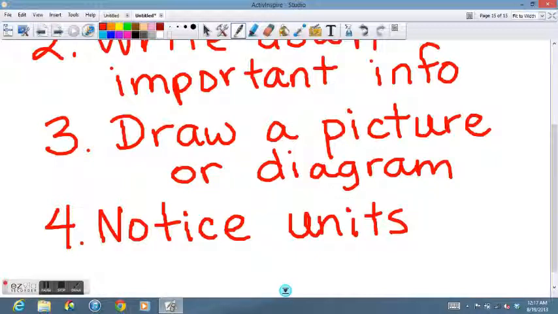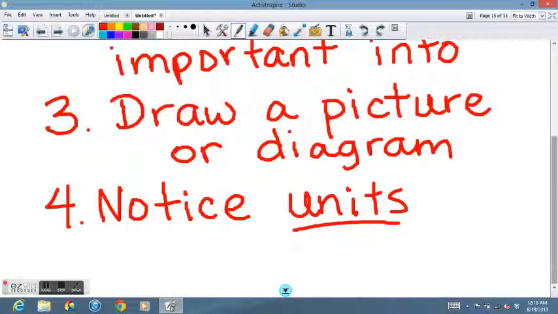If you have inches or feet or centimeters or meters or grams or pounds, whatever those units are, you want to look at those and notice those, because if you don't have the same units, you can't add things together, or actually you don't want to multiply them either. You want to have similar units before you start doing operations on them.